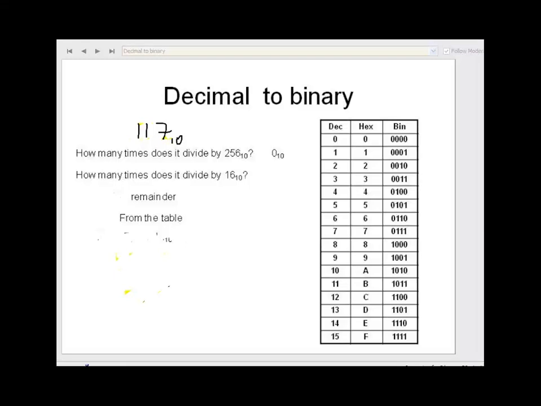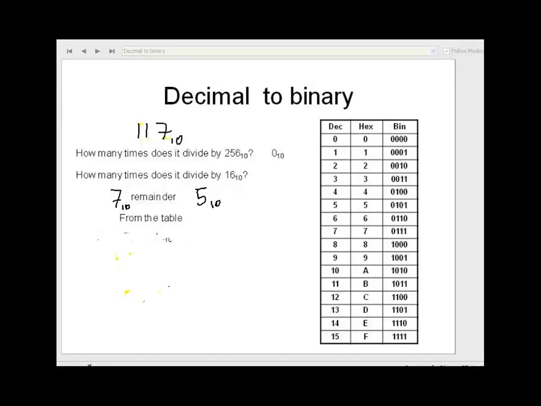So 117 divided by 16 equals 7 and a bit. 7 times 16 is 112. So 117 divides by 16, 7 times, remainder 5.